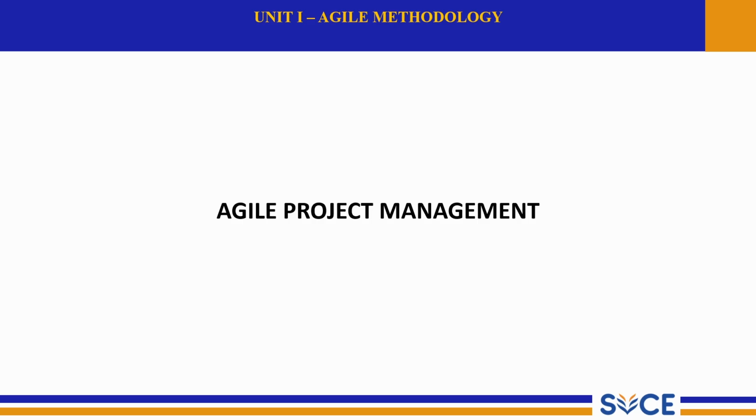That means instead of delivering the entire product at the end, Agile teams deliver a small working feature step by step. In this section, we will see how Agile manages project planning, execution, team collaboration, and delivery in a smarter and more adaptive way compared to traditional methods.